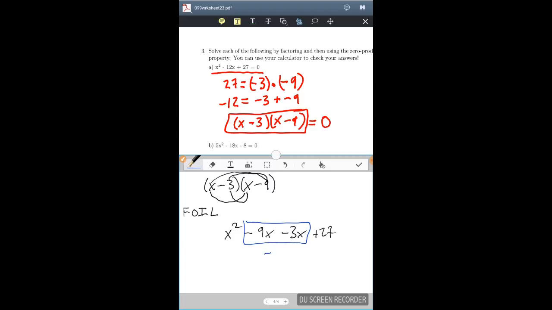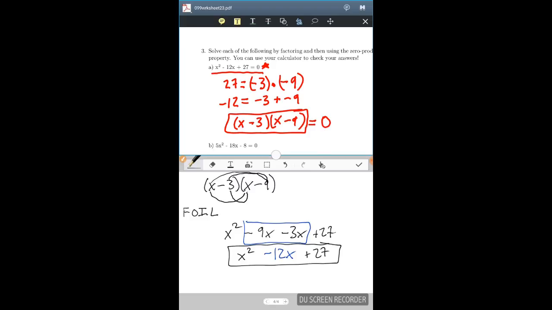So what can we do? We can combine those into negative 12x. We still have the x squared, which can't combine with anything else, and our 27 here. And if we look back at the top, this is exactly what we had up here.